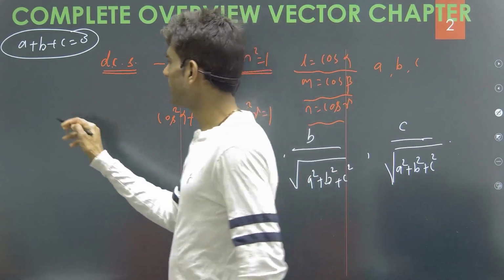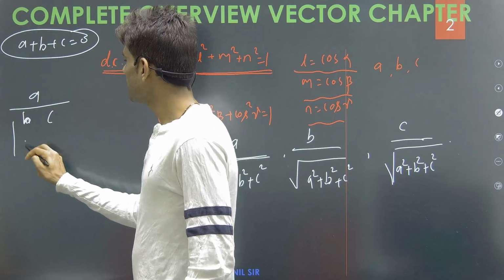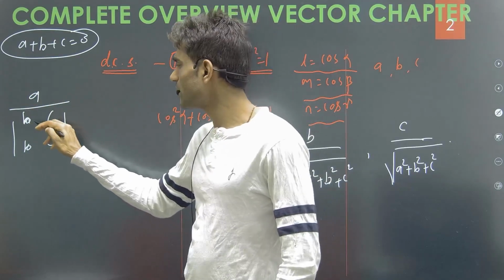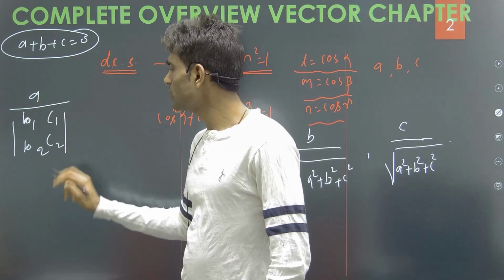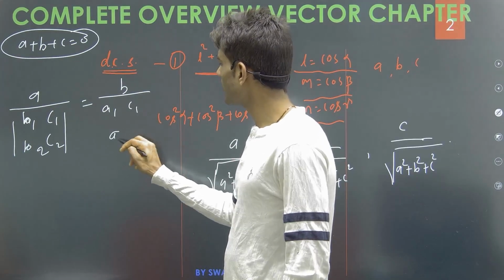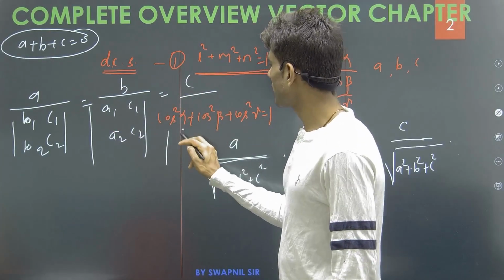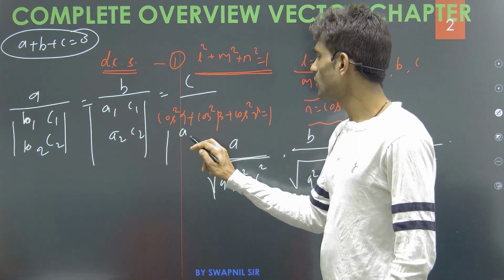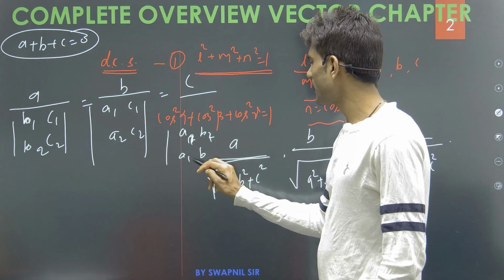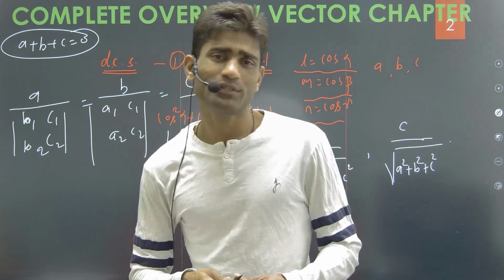We can write a upon the determinant of b1, c1, b2, c2. Similarly, b upon the determinant of a1, c1, a2, c2, and for the third, c upon the determinant of a1, b1, a2, b2. This type of result we are going to use in our subsequent part.